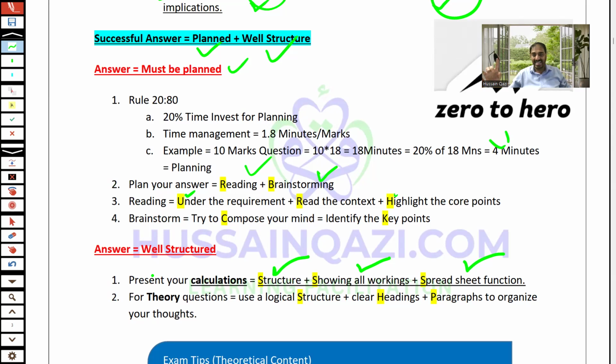Compose your mind, sketch the calculation answer, and then attempt. Whenever you are attempting the answer, it must be well structured: main calculation, relevant workings, and use the spreadsheet function. Okay, this is about the calculation part.